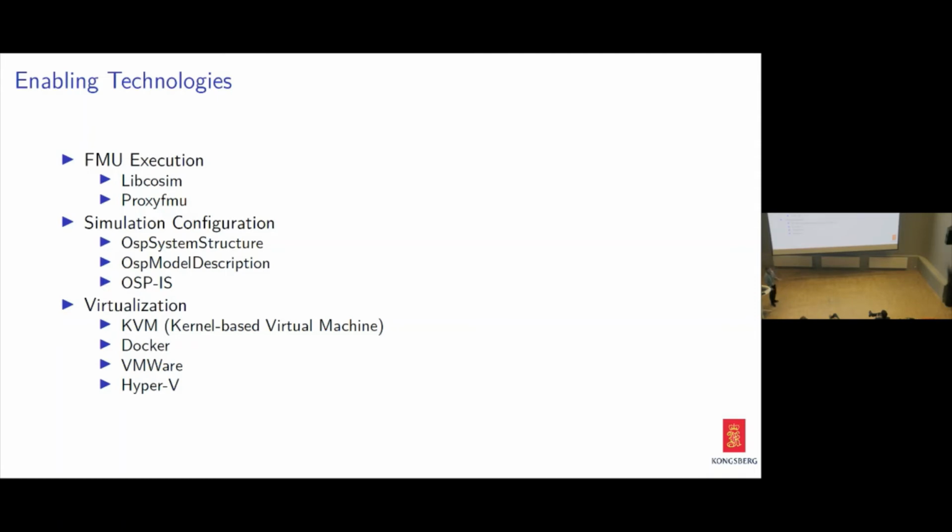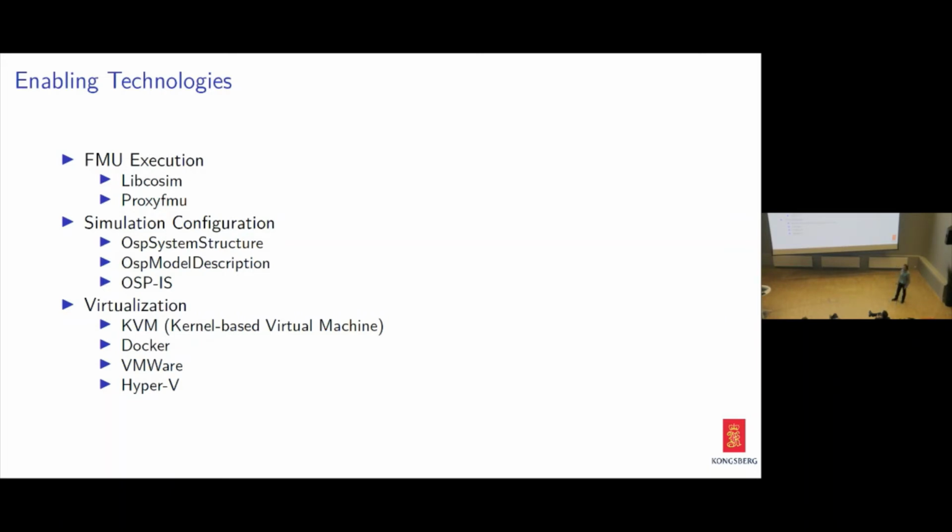We will also probably most likely need virtualization of some kind. For those of you that don't know what that is, it's just running a computer in a computer, basically. I won't go into detail. I'll just name drop some technologies that you can use. KVM, part of the Linux kernel, hence why it's named kernel-based virtual machines.